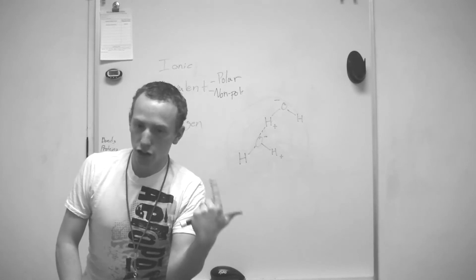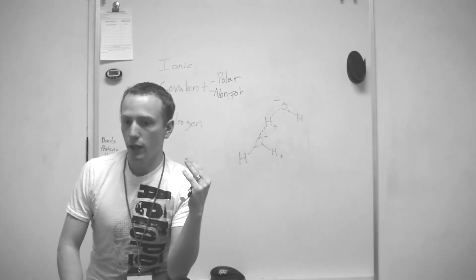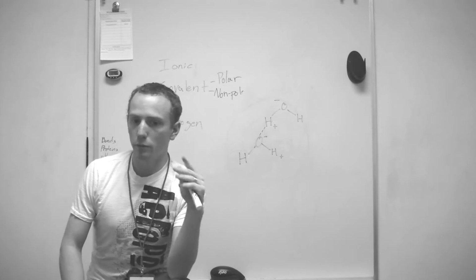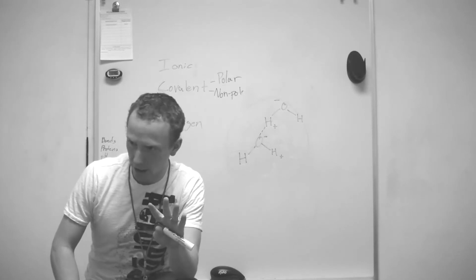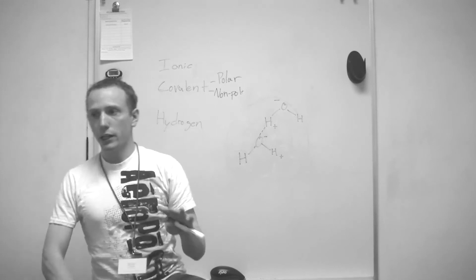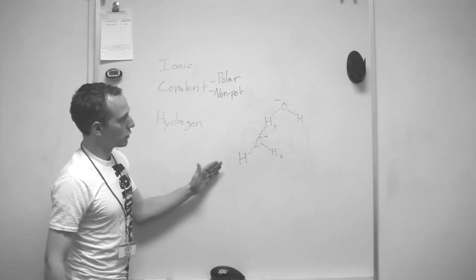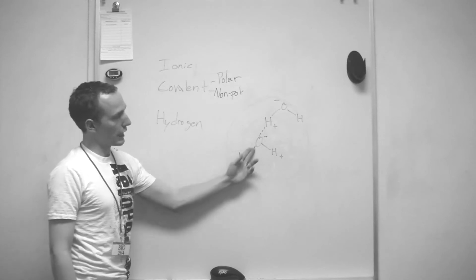It has to be oxygen, nitrogen, or fluorine, and I feel like there's one other one, but for the scope of this class, you don't need to memorize that. The important part is it's between the molecules, not between the atoms.